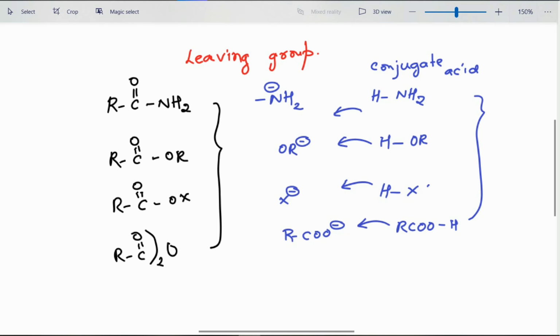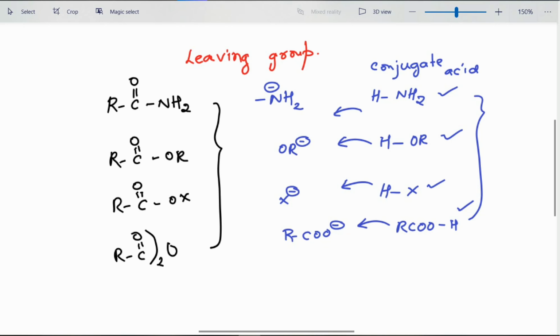HX groups are more acidic than acid groups, which are more acidic than alcohols, which are more acidic than amines.